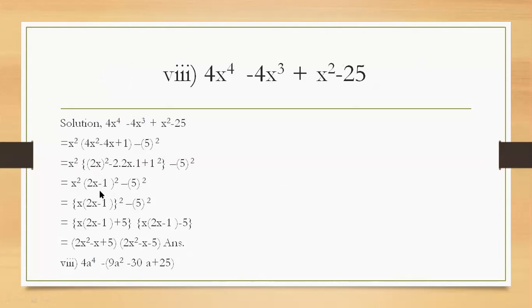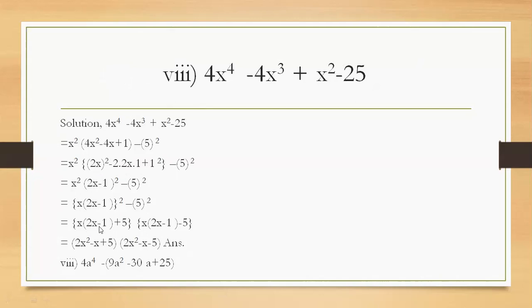Same here, look at the next one. In the first three terms, x square is common, so take x square common. This 25 means 5 whole square. Then these first three terms are in a formula: x into 2x minus 1 whole square minus 5 whole square.